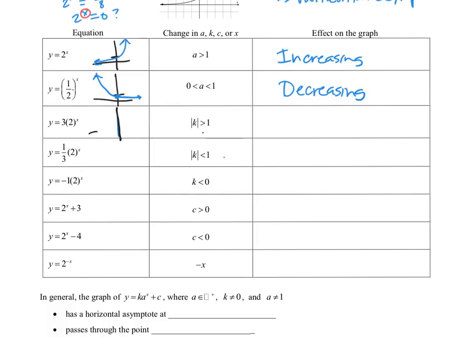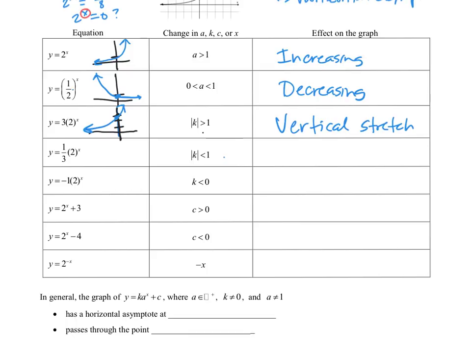The y-intercept isn't going to be at (0, 1) anymore. It's going to be at (0, 3), and the graph will look something like this. When you multiply this function by a k value bigger than 1, the graph will be vertically stretched.